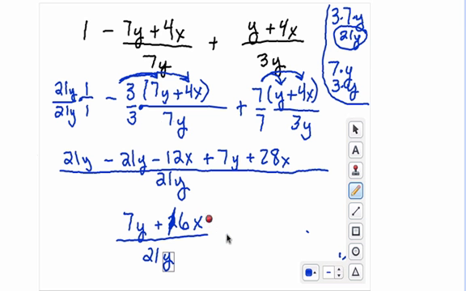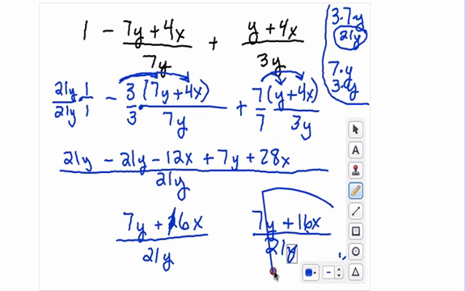I'm just going to rewrite this since I messed up with my 16x. And this is your answer. Anyway, there you go. Sorry about that. So 7y plus 16x over 21y.